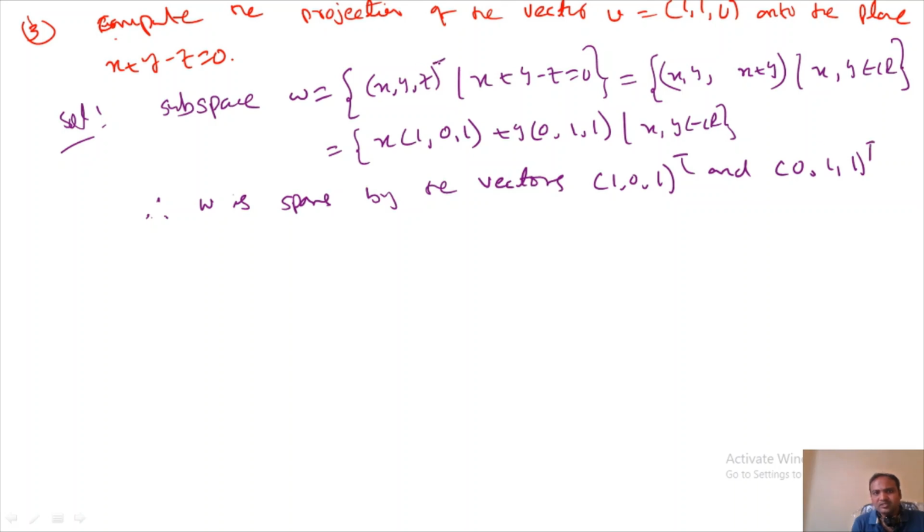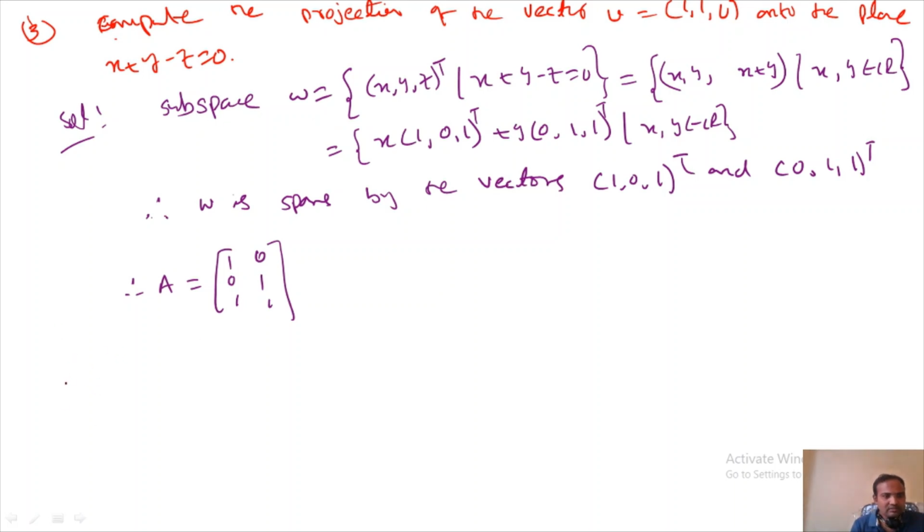You have to take the column vectors. Therefore A equal to, written in column vectors, [1 0; 0 1; 1 1]. Now go for the same procedure as previously. Now we can find the projection matrix and the orthogonal projection.